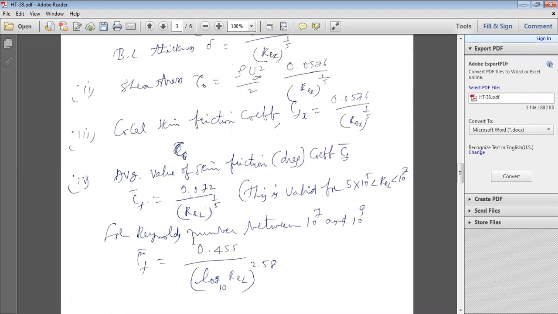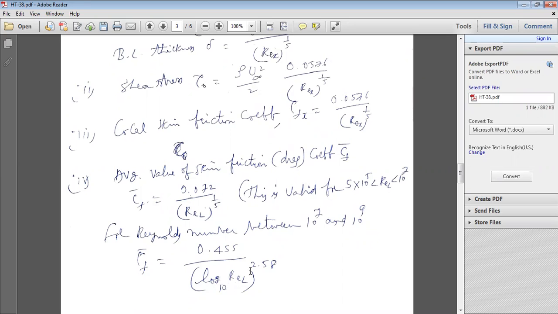They have found this out by conducting a number of experiments on a flat plate for turbulent flow conditions. For Reynolds number in between 10 power 7 and 10 power 9, Cf bar is equal to 0.455 divided by log ReL to the base 10 only.